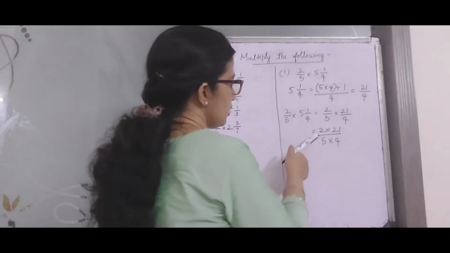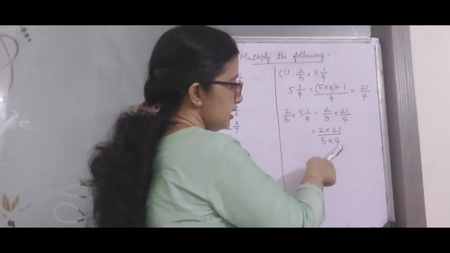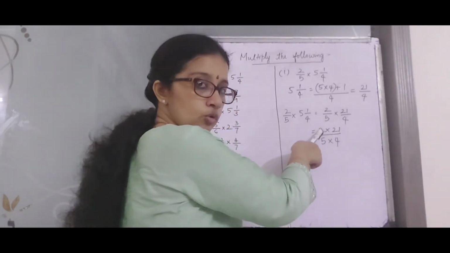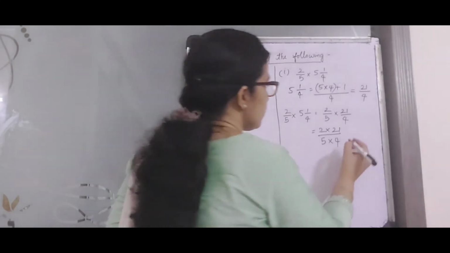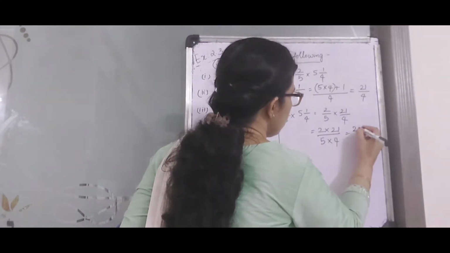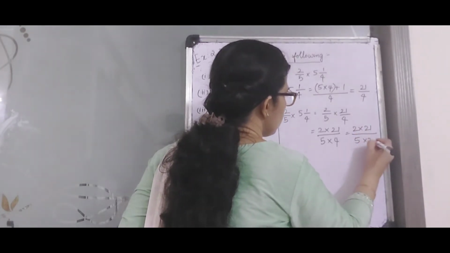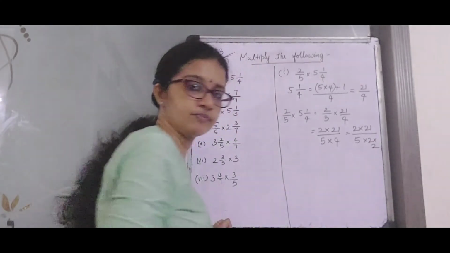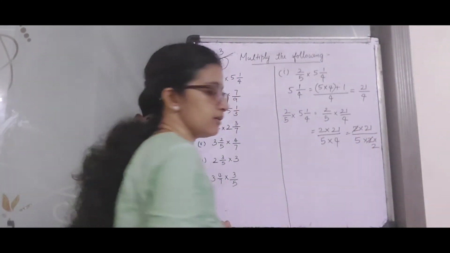Okay. Now here if we want to cancel something in numerator and denominator, see here there is a 4 and here there is a 2. Okay. So this 4 can be written as 2 into 2, right? So equivalent to 2 into 21 divided by 5 into 2 into 2. Correct? So this 2 and this 2 can be cancelled.